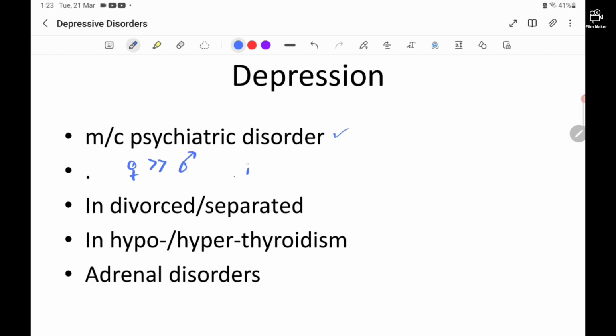The age of onset is around 40 years in most cases, and it is more prevalent in divorced and separated individuals, because melancholy and loneliness is a major etiological factor.